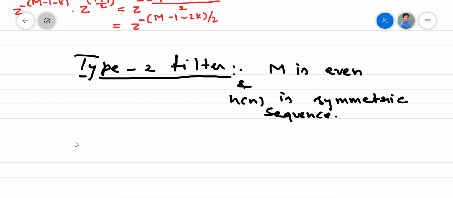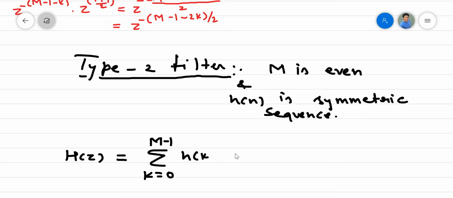That is, H(z) is equal to summation k equals 0 to M minus 1 h(k), and then it is z to the power minus k.